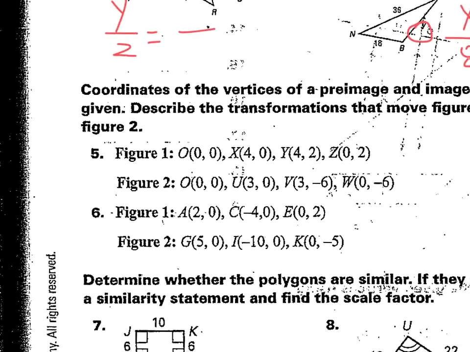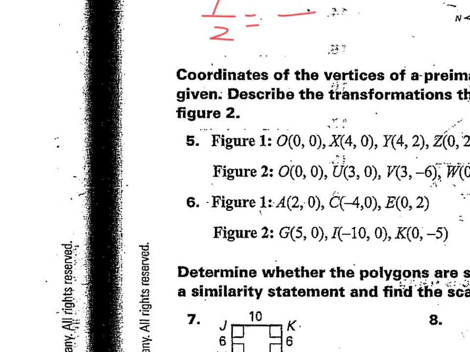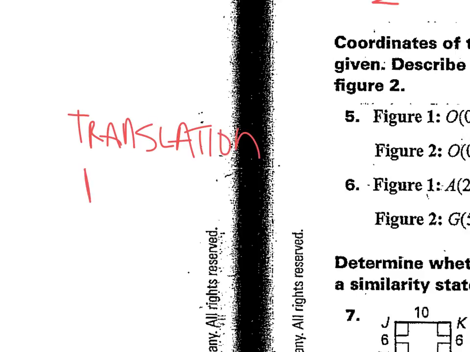Okay. I'm going to put the choices over here to the side. Your choices are translation, where we just slide the object, like you're just pushing it across the graph. Was it a reflection, where it's just flipped?